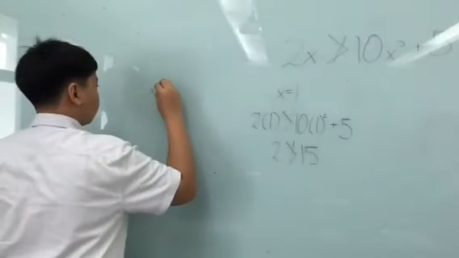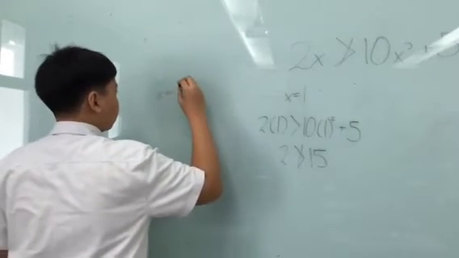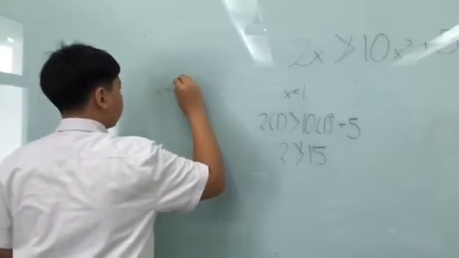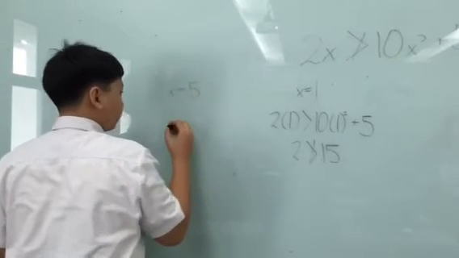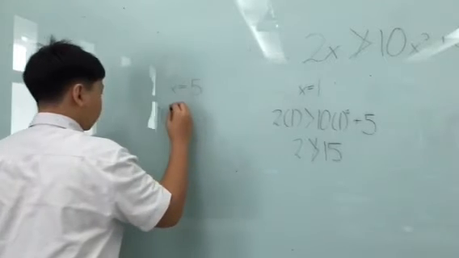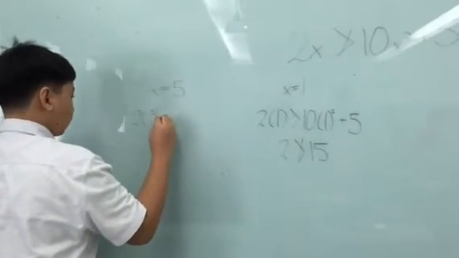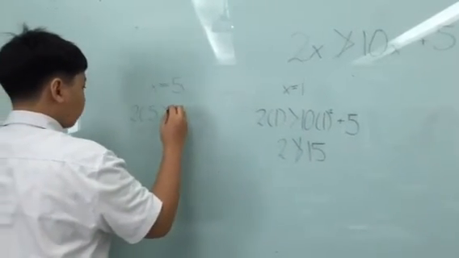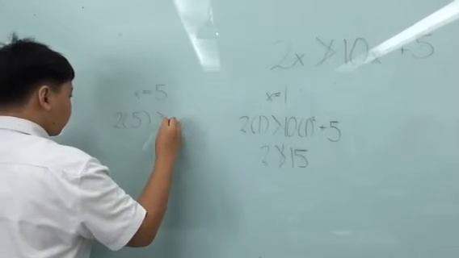Now, let us move on to another root, a much bigger one, and that is 5. So, we substitute x from 2x is greater than 10x squared plus 5 with 5.